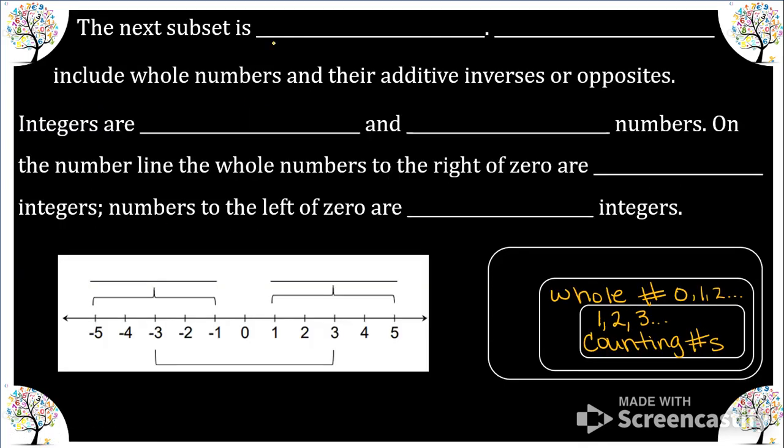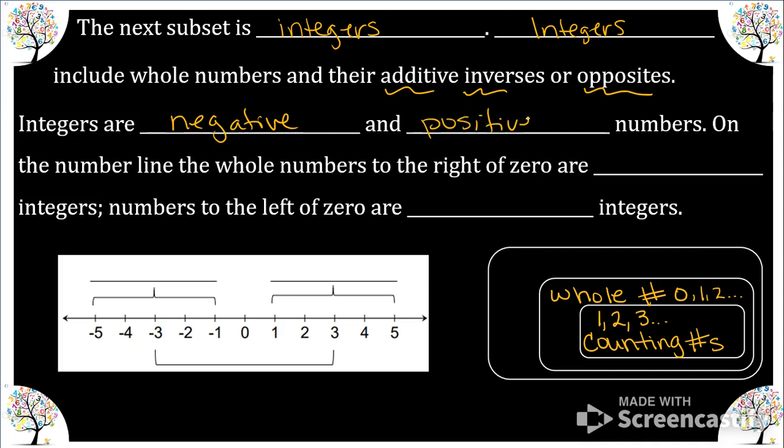The next subset is integers, and integers is what we're going to focus on for this lesson. Integers include the whole numbers and their additive inverses, or their opposites. Integers are negative and positive numbers. On the number line, the whole numbers to the right of 0 are positive.